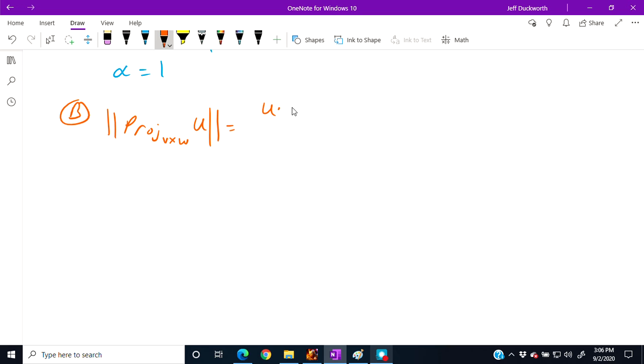That's u dot v cross w, all over the magnitude of v cross w. Now note, this is just the volume, which equals 3. So our numerator is 3, the top part. So really all we have to do is calculate the denominator.